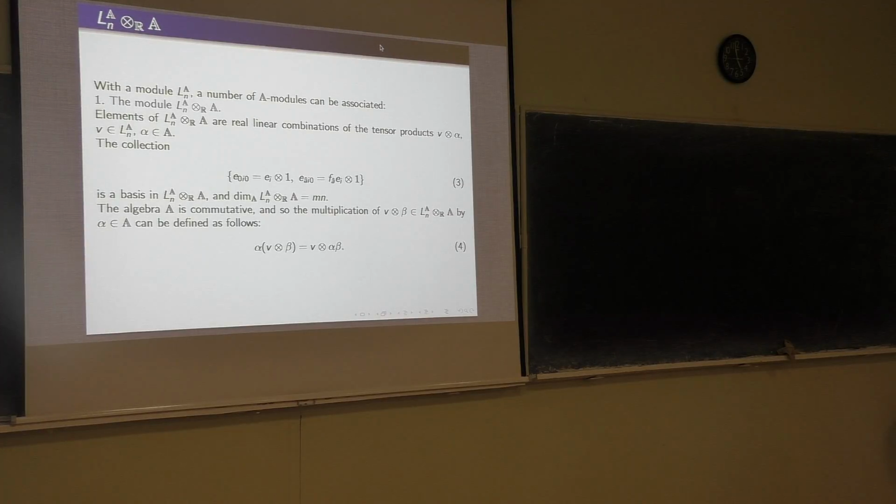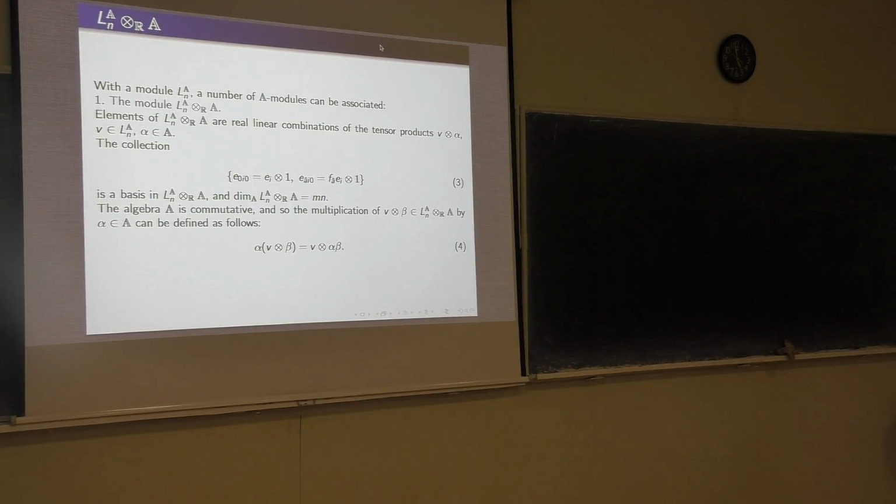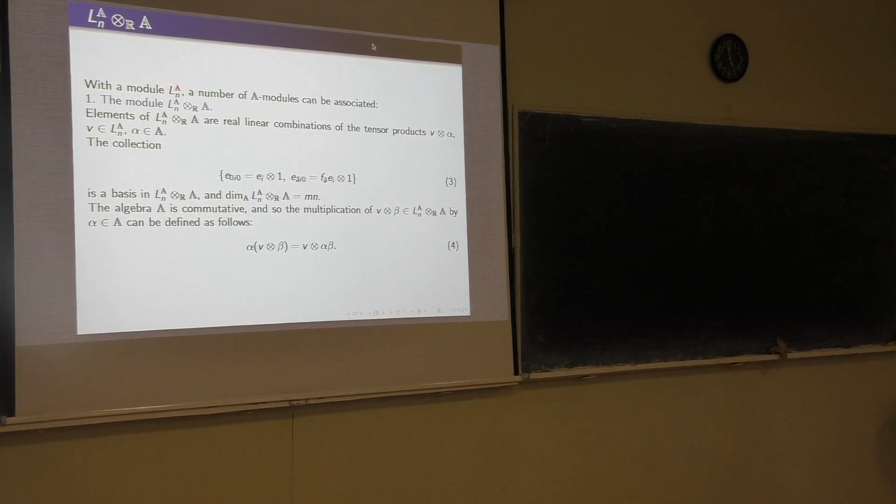There are several models that can be associated with an arbitrary model over a Weil algebra A. So first, the model of tensor product. Its elements are of the form, and these elements form the basis in this tensor product, and there is a multiplication.